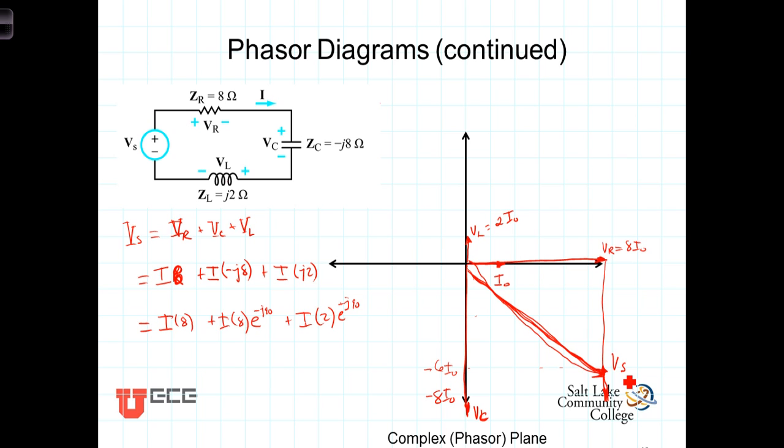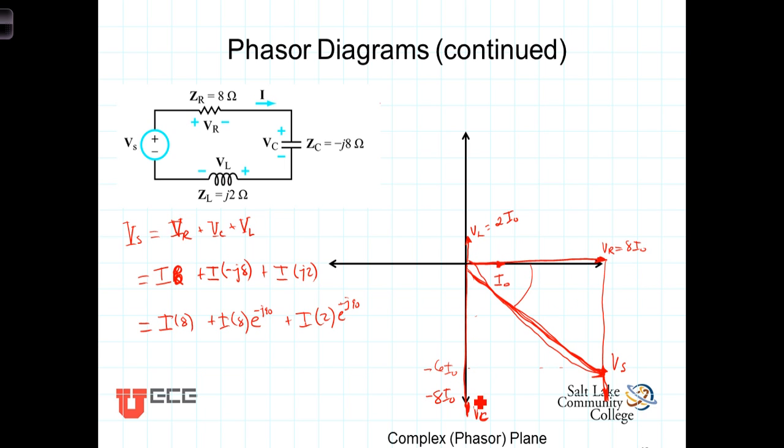What does it tell us? Well, it tells us that V sub s is something less than 90 degrees behind the current, or that the current in this circuit I is leading the voltage source by some angle less than 90 degrees. It also tells us the relative length of this voltage is longer than V sub r.